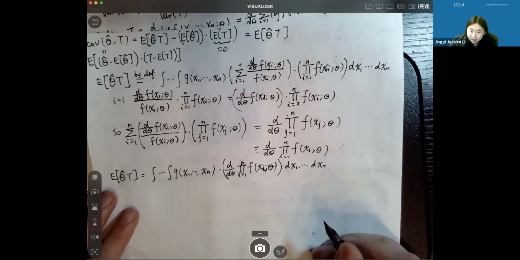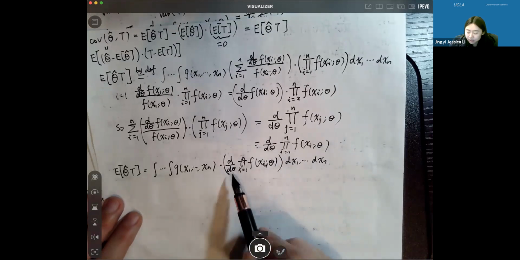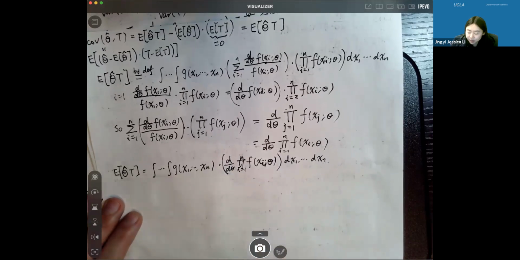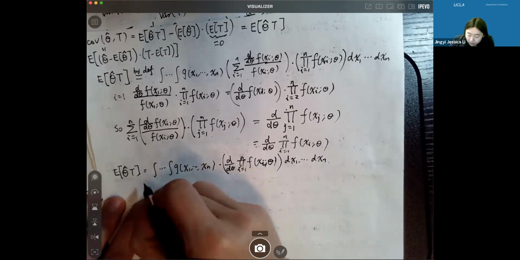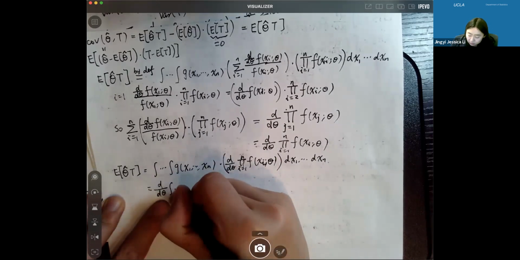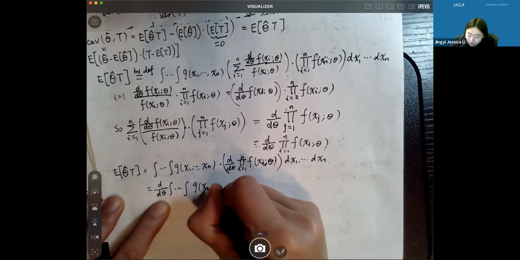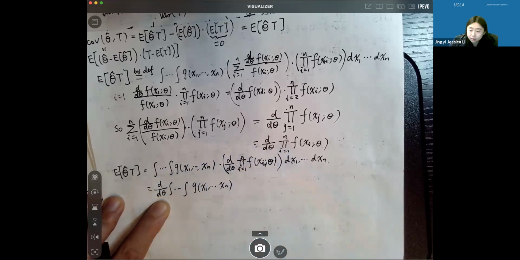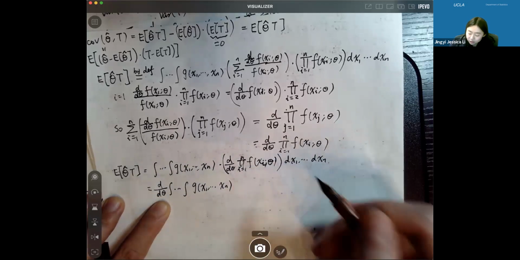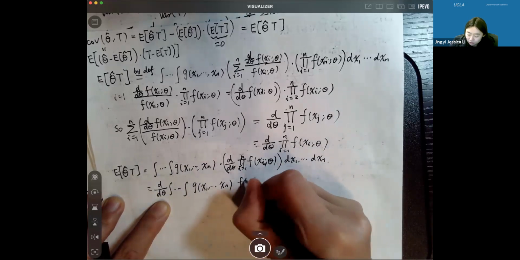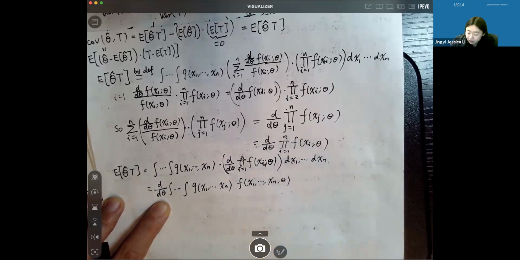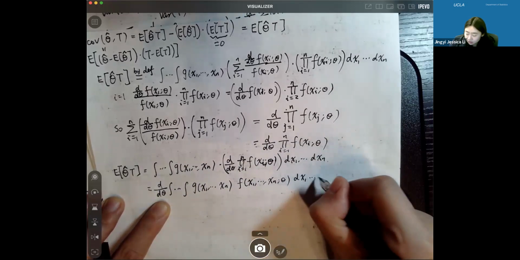Finally, I'm going to move this differentiation out of the expectation using the smoothness of the density. Moving it out, d theta, the integration stays, g(x1 to xn), my estimator. And here the product of f(x1) to f(xn) is just the joint density. I can restore it to be the joint density by IID, dx1 dxn.